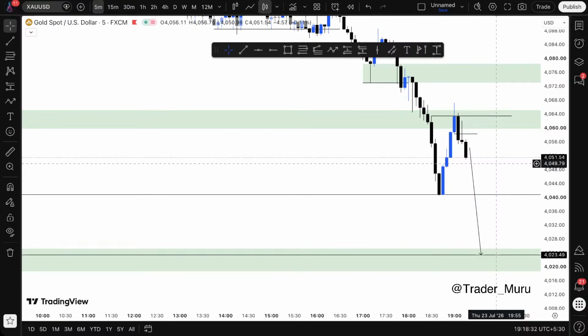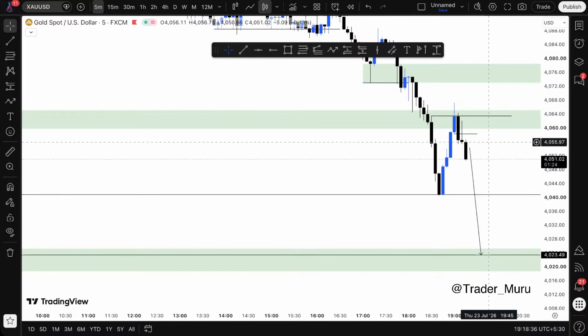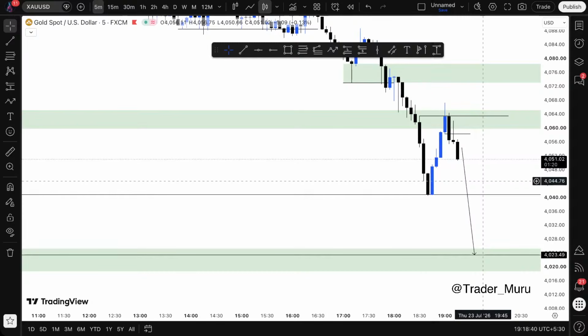My entry is 55. Hope you guys got a good entry somewhere near here. Already running 50 pips in profit. Make your trade on break even.